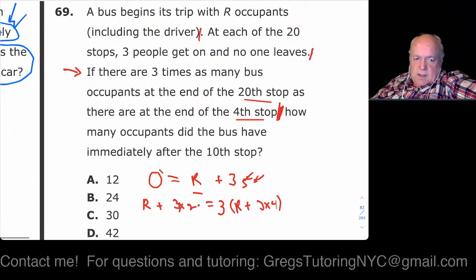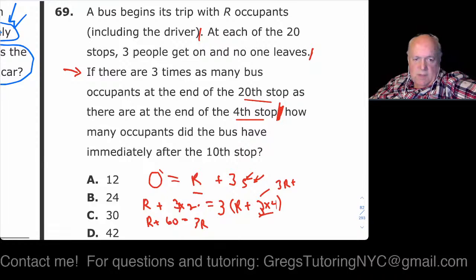At this point, we're going to run the distributive property. So we basically get R plus 60 equals 3 times, and that looks like a 2, it's supposed to be a 3. This becomes 3 times R plus 12, so that's going to give us 36.